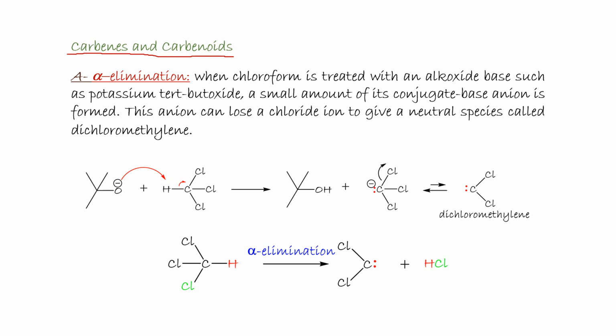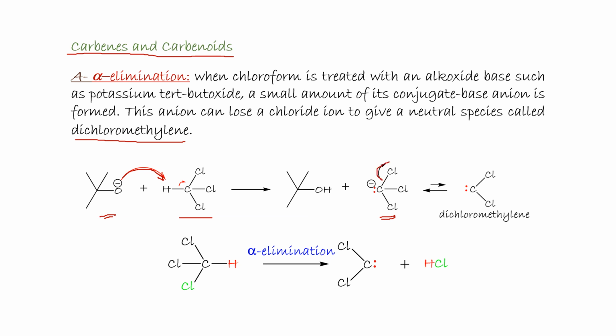This anion can lose a chloride ion to give a neutral species called dichloromethylene. This is a carbene. So, treating chloroform with tertiary butoxide, here we have proton transfer to form the anion.